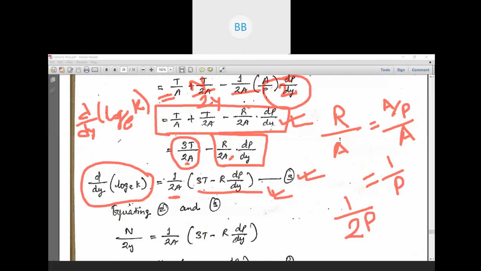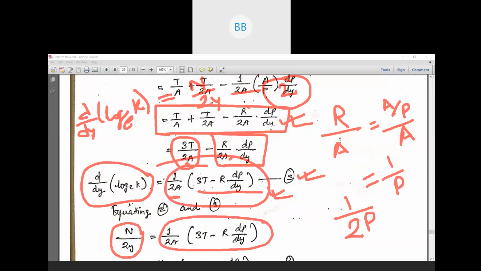So in both the equations the left hand side is the same. That is why we can equate both, and we can write N by twice y is equal to this. From here, you can directly find out the expression for the hydraulic exponent, that is your capital N.